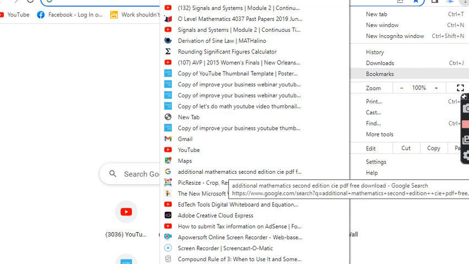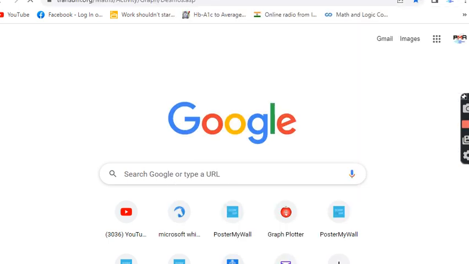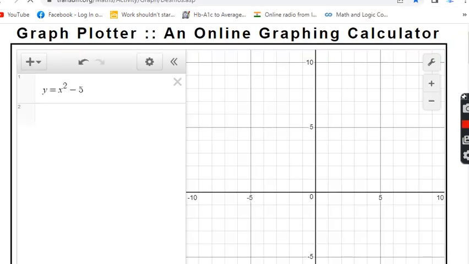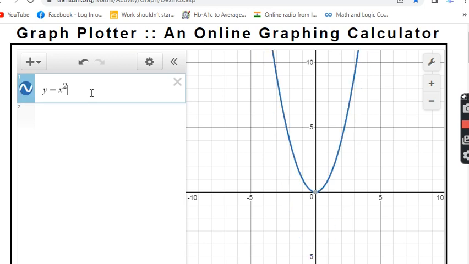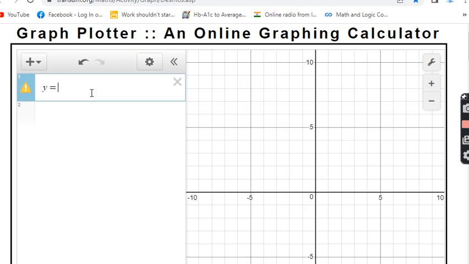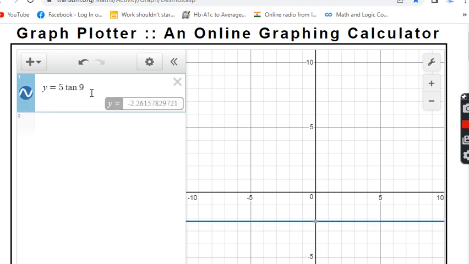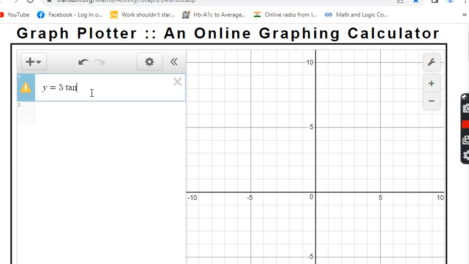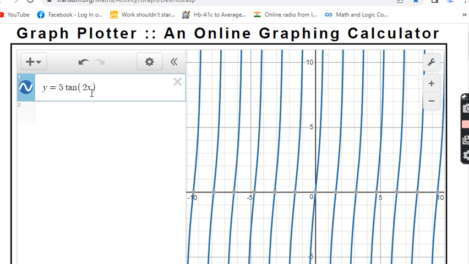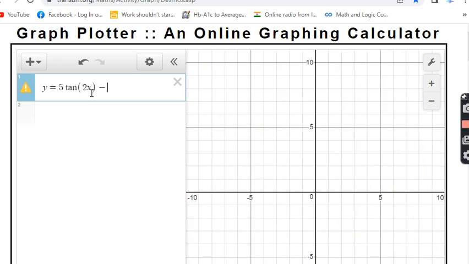To show whether my graph is looking like the machine graph, software graph or not. The function is y is equal to 5, 10, bracket 2x minus 3.